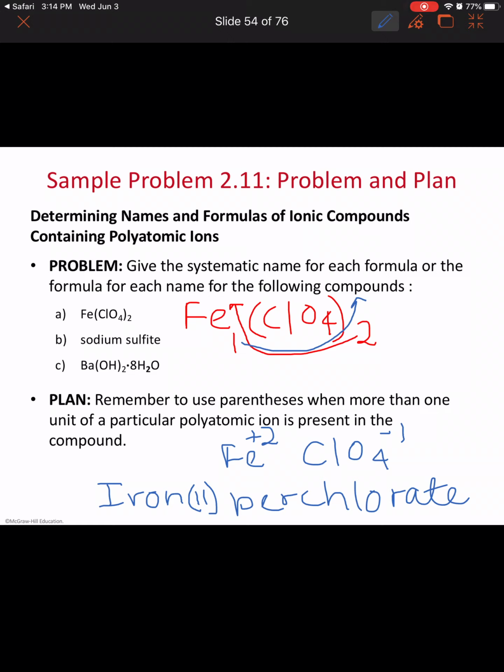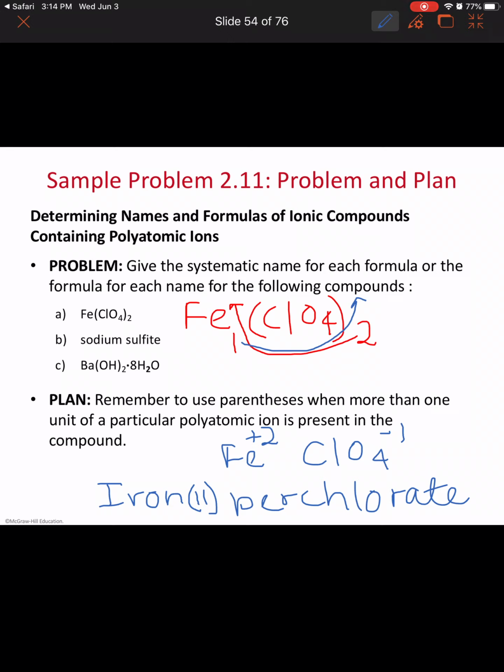Okay, and B is sodium sulfite. We need to know how to write the formula for this one. Now sodium, you go to your periodic table and locate sodium and find out the charge of sodium.